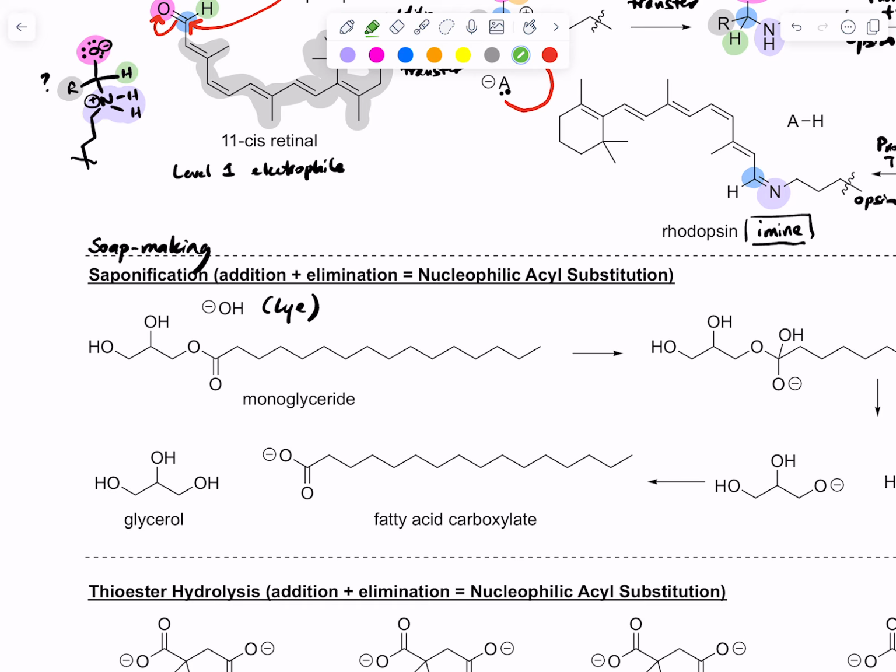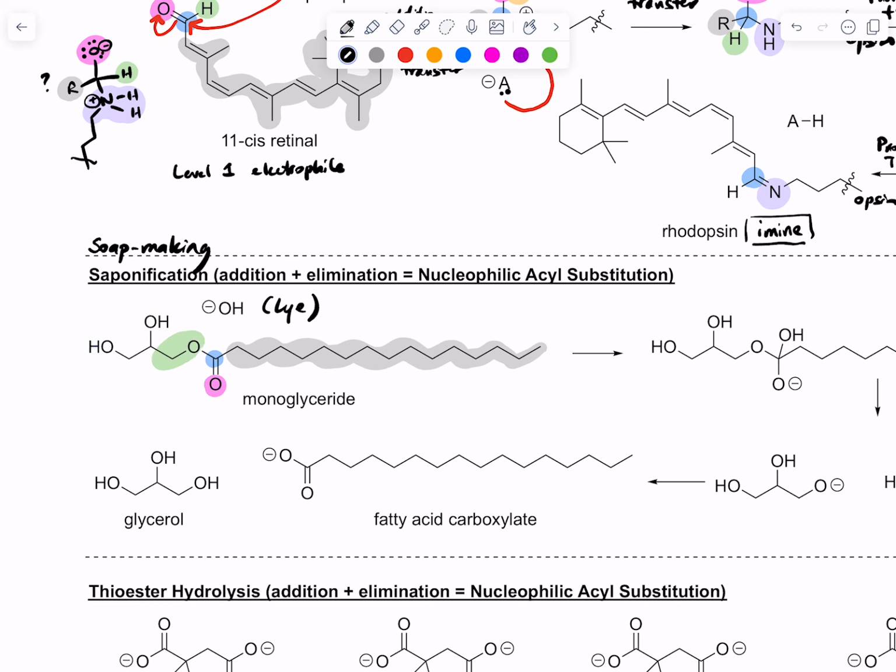Notice the long nonpolar tail. Notice the ester carbonyl carbon. Notice the ester carbonyl oxygen, and then notice this OR leaving group. And we don't need to worry about all of it, just this portion. That functional group is an ester.